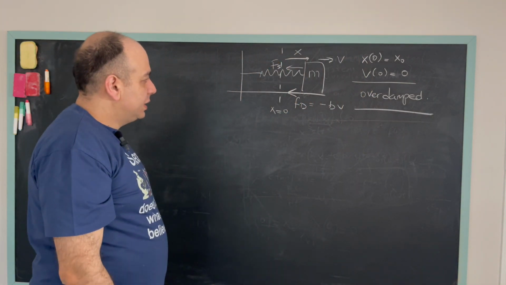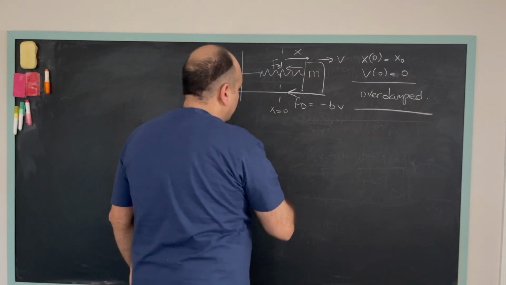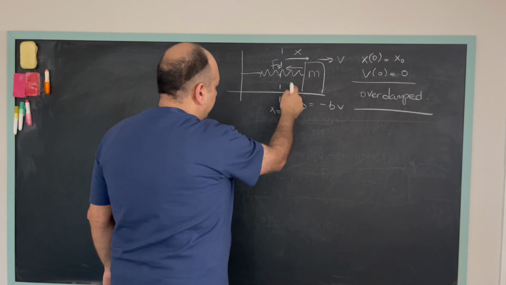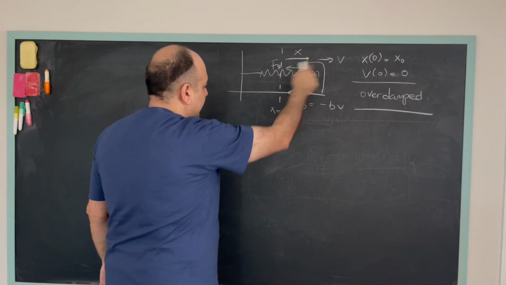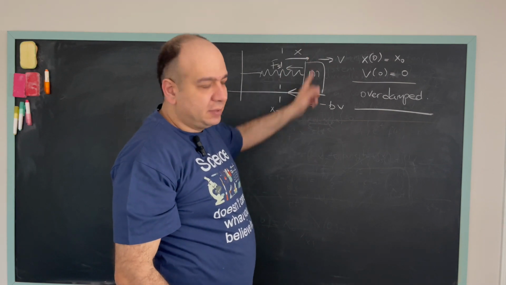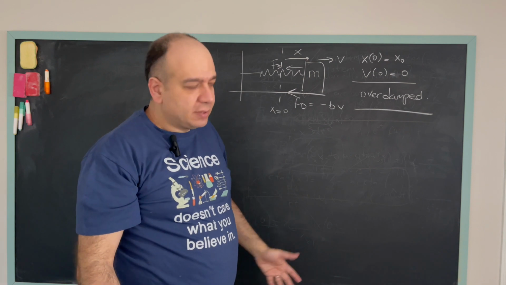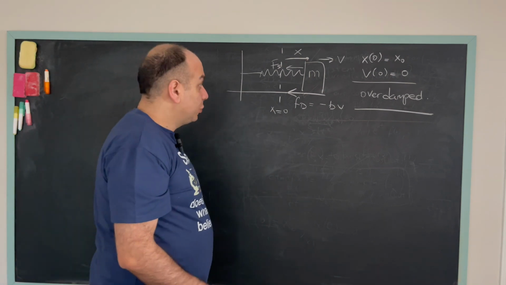So now let's write down the equation of motion. So there are two forces acting on the system on the x-axis. Of course, there are forces on the y direction, but they simply cancel each other out. So the normal force balances the weight. Now we are ready to write down the equation of motion.